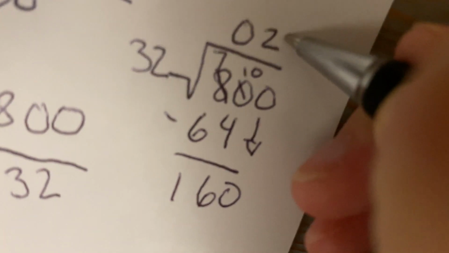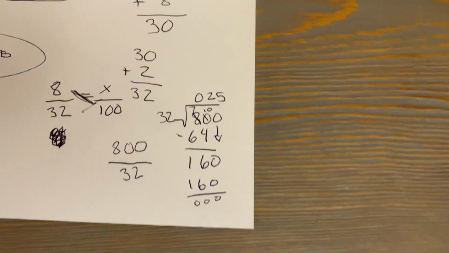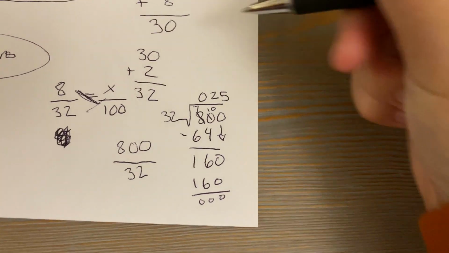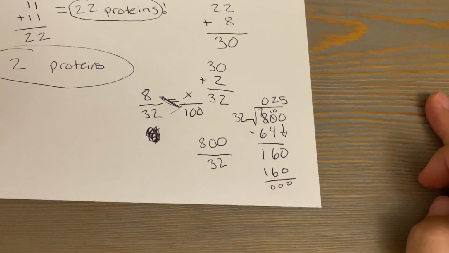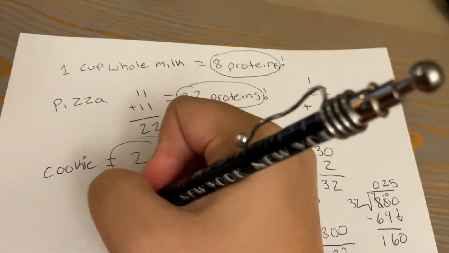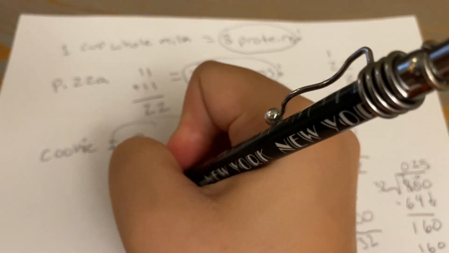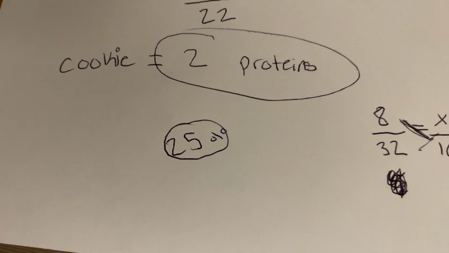Correct. It goes exactly 5 times. So that gives us our answer of 25. So it's 25% of the entire proteins. And that's our final answer for question 1.